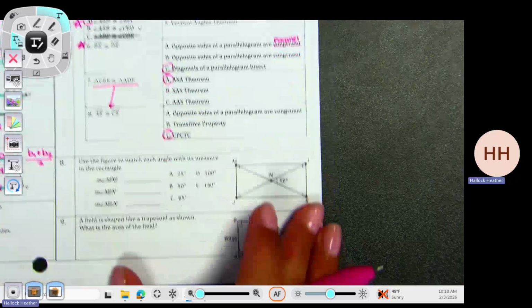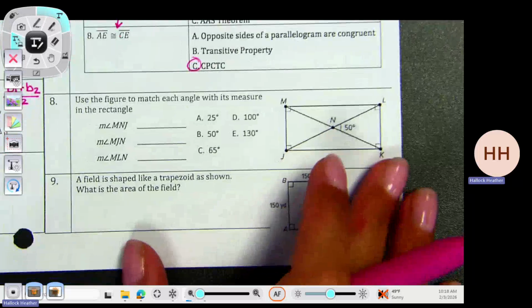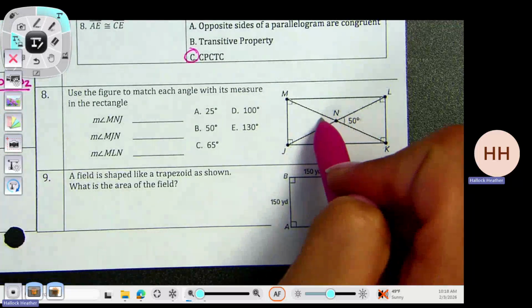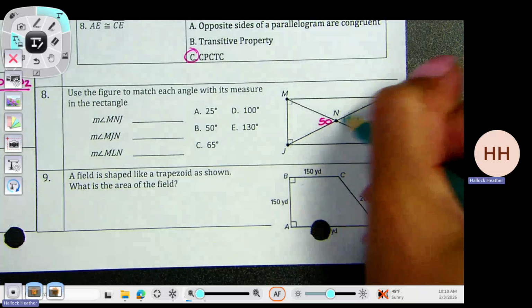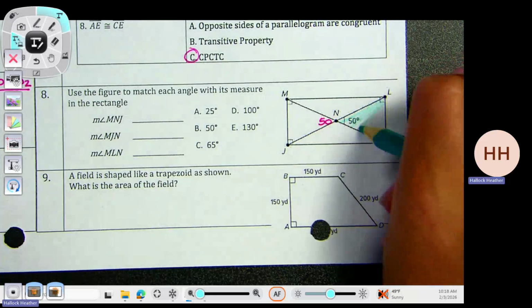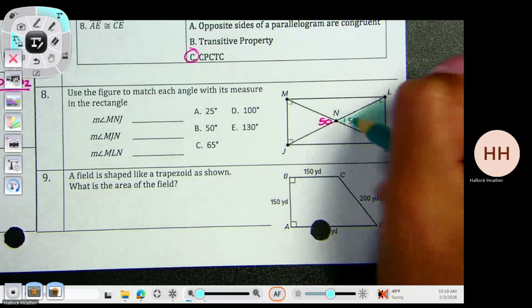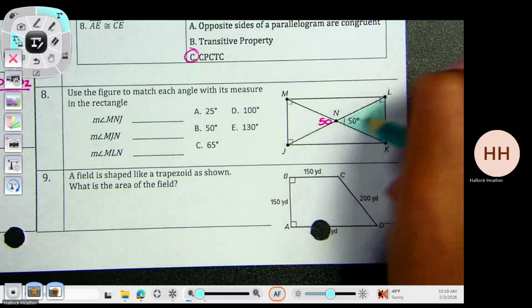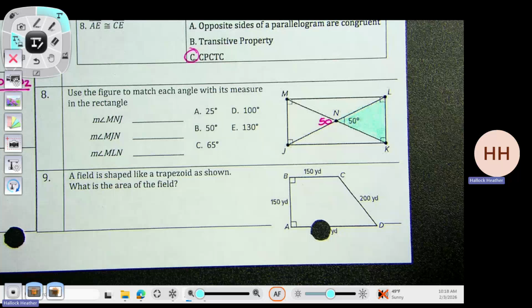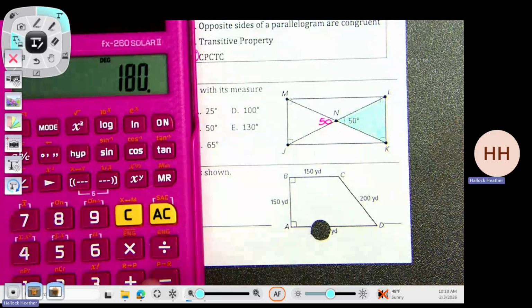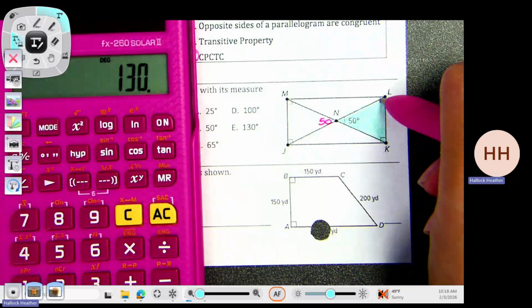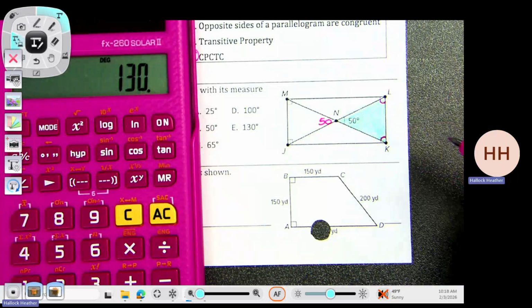Okay, number 8 is a rectangle. 50 degrees can move, vertical angles are congruent, so 50 can go here. And then you have a triangle. A triangle adds to make 180. So if I take 180 and I minus 50, I get 130, but 130 has to be split between the two angles I have in that triangle.